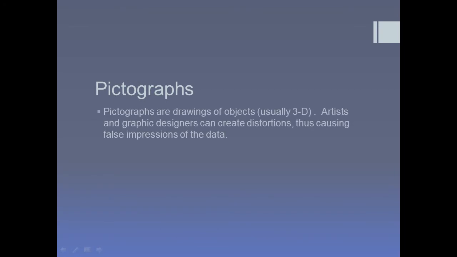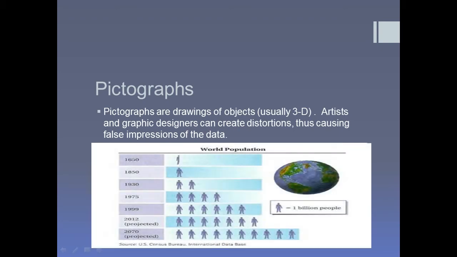The other type of misleading graph is a pictograph. Pictographs are usually 3D drawings, and artists or graphic designers can create distortions amongst the size. Thus, you're creating false impressions of the data. Here's an example of a pictograph below, and this is one where it's not so misleading.